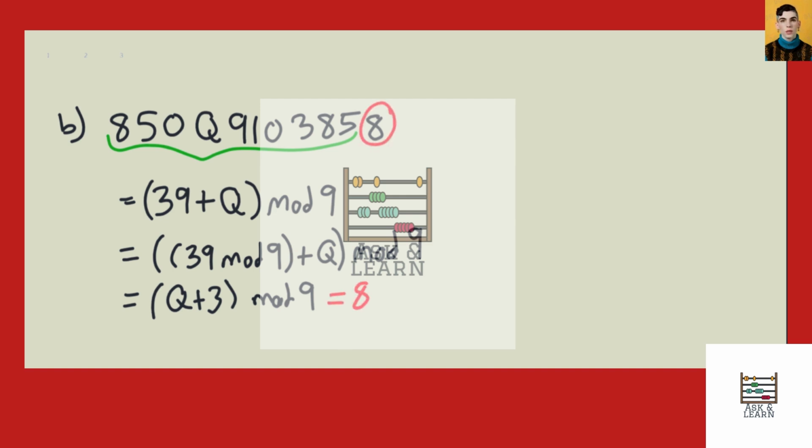So we're going to subtract 3 from both sides. I apologize, subtracting 8 wouldn't make much sense. And so we get that Q mod 9 is equal to 5. Since Q has to be between 0 and 9, a single digit, it must be equal to 5. So we get that Q is equal to 5.